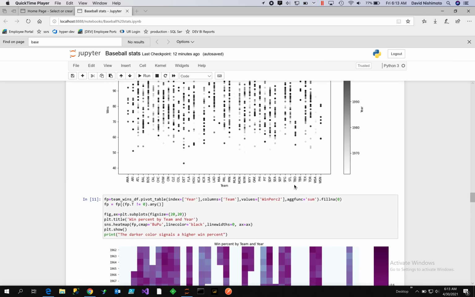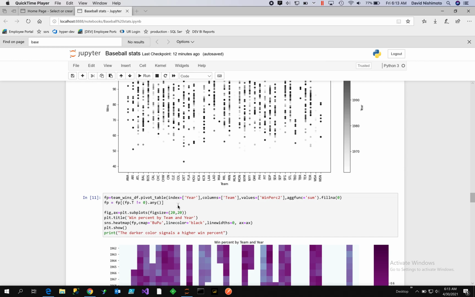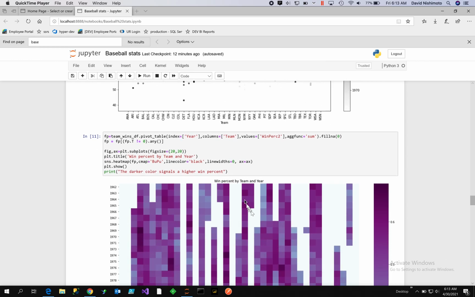So what I did is I pivoted the data and put it into a heat map. And so here we take the year, the team, the win percent two, and we'll use this little function here. It's going to transpose the data. We're going to look to see if any of the data has valid numbers not equal to 0.